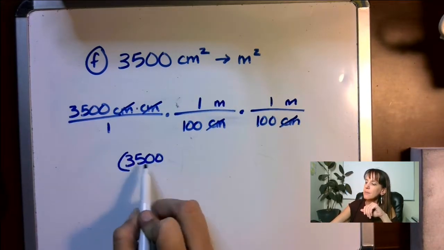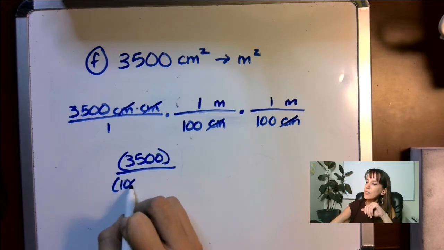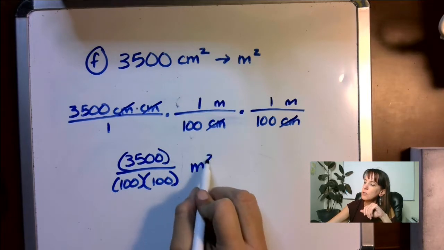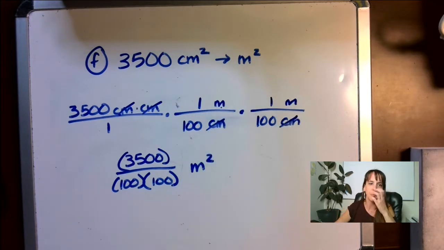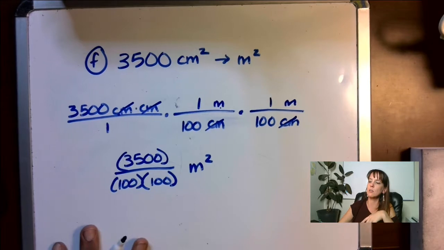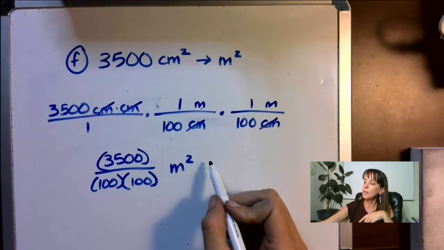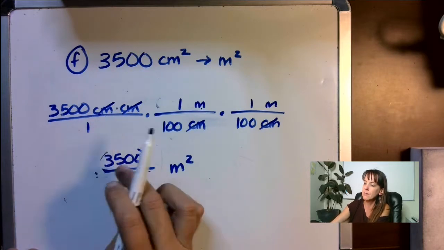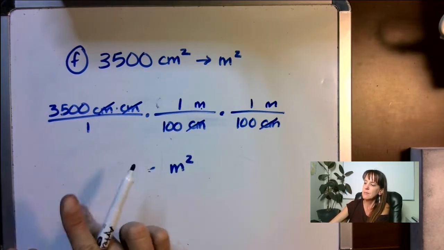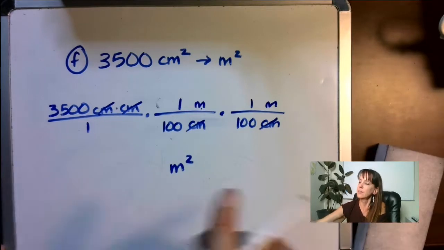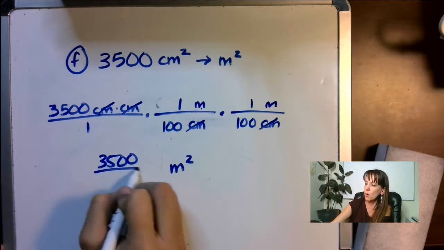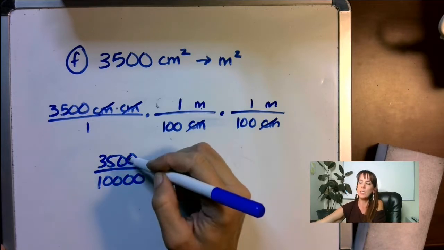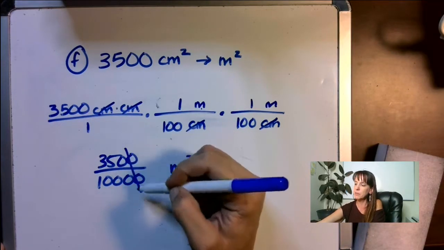3,500 over 100, 100 meters squared, meters, okay? I do like the metric system because this is easier, so I'm going to solve this all the way. 100 times 100 is just 1 with 4 zeros. So 3,500 over 1 with 4 zeros. If nobody's ever shown you this, you can lop off zeros here.